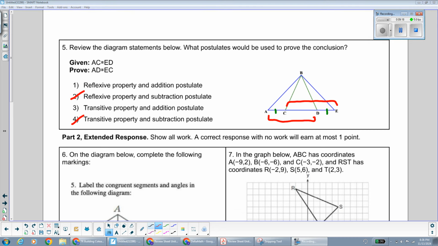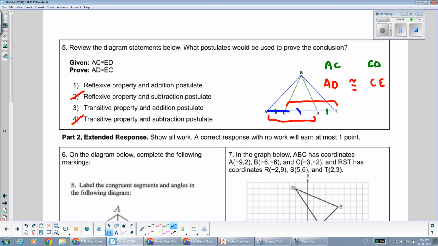To figure out the rest, let's write out what we're going to be adding here. So we're starting with AC and ED. And our goal is to end up with AD congruent to CE or EC. Sorry, I wrote that backwards. So let's think about what we're adding to each one. To AC, we're adding CD to make it into AD.